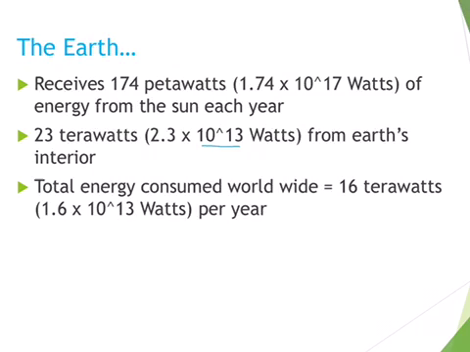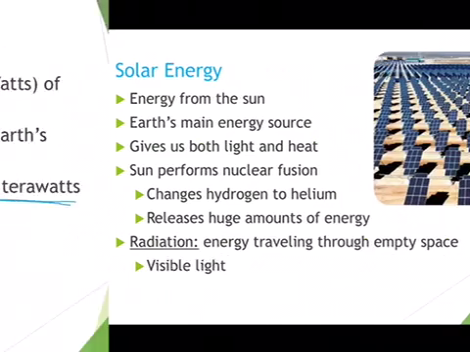And so when we look at that, the total energy that we consume worldwide is 16 terawatts, or 1.6 times 10 to the 13th watts per year. So the Earth itself produces plenty of energy for us humans to use. The trick here is, how do we harness that energy into usable forms for us?